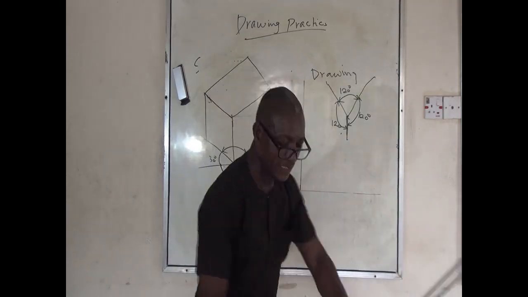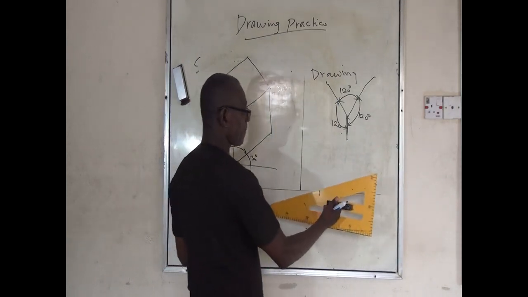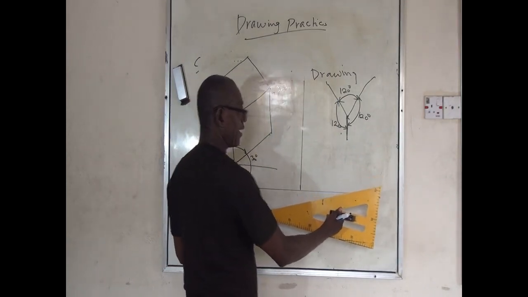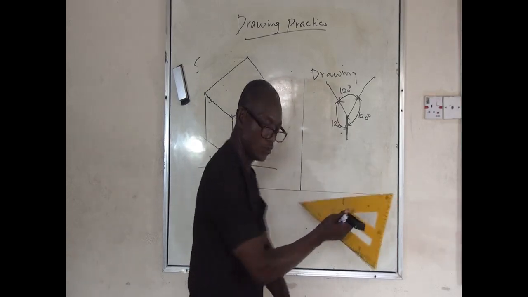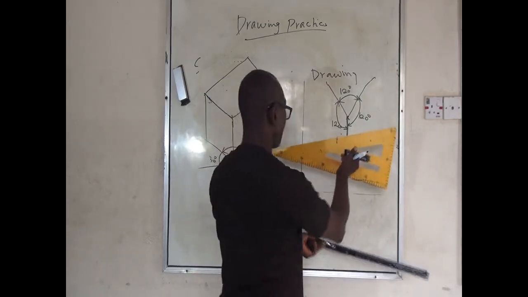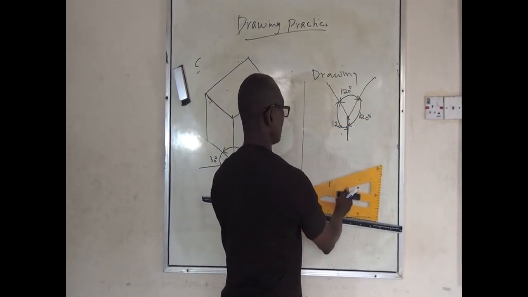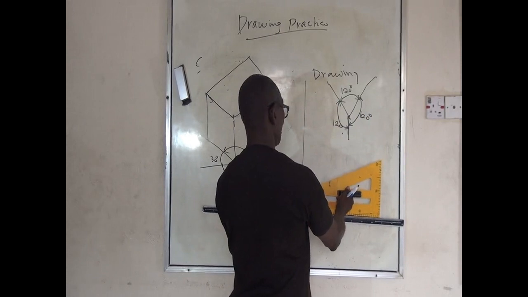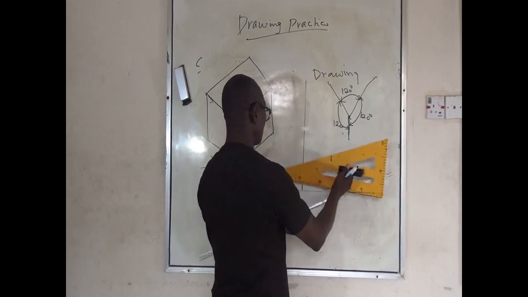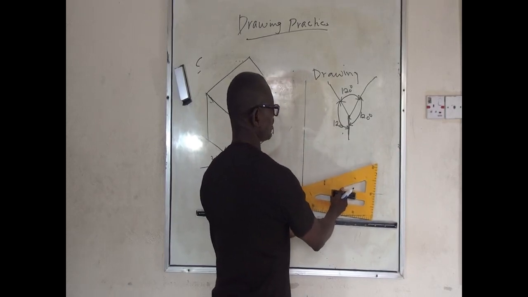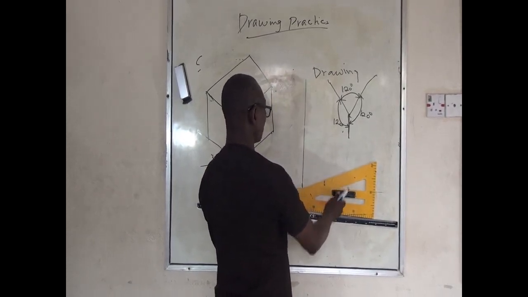So you have that. Then for you to make the 30 degree angle, you place your set square on top of your T-square. I'm not using the T-square because this is a board, but you need to use your T-square and place it here.